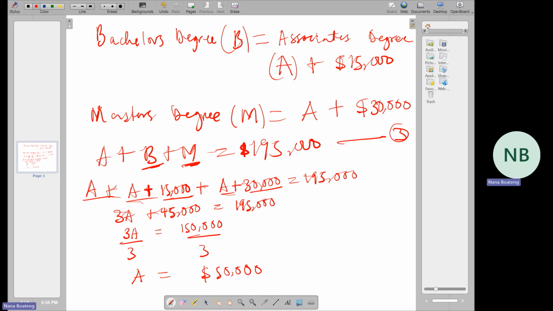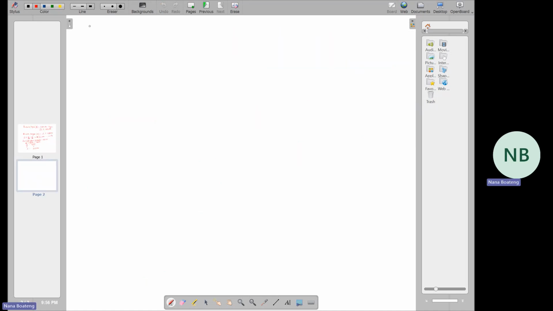All right, and we know that a bachelor's degree holder makes $15,000 more than an associate's degree holder. So a bachelor's degree holder is the associate's degree plus $15,000 more. This gives us the associate's degree holder, which is 50,000, plus 15,000 more.